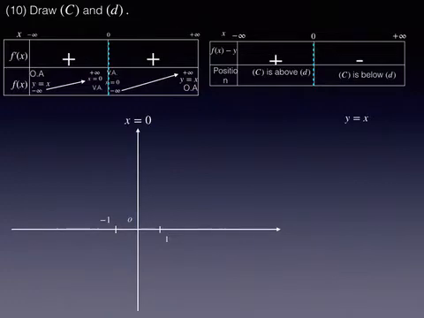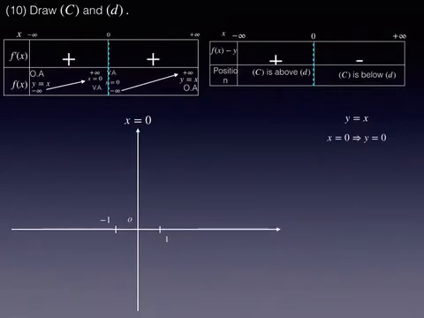So in order to draw the oblique asymptote y equal x, we need to take two values of x, in order to determine 2 points, and then this straight line should pass through these 2 points. So first of all, let us take x equals 0. Replace x equals 0 in the equation of the oblique asymptote, y equal x. Then y should also be 0.